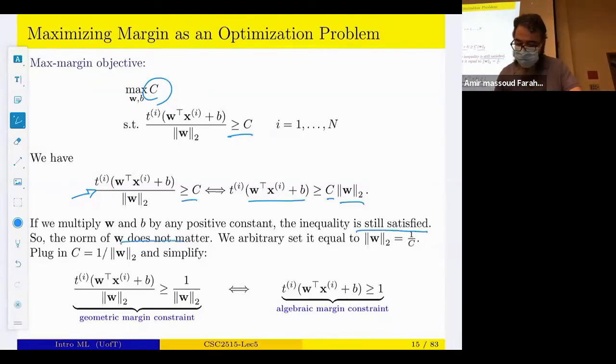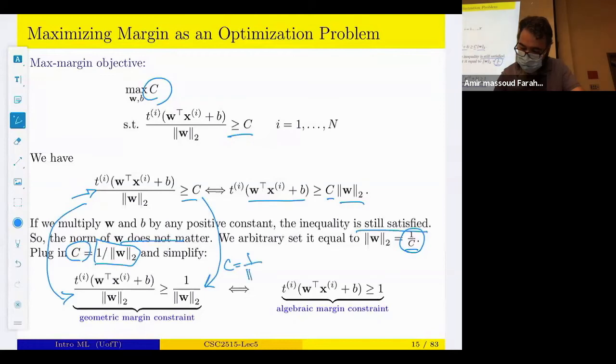So the norm of W does not matter, and we can arbitrarily set it equal to some number, including 1 over C. So we can choose the norm of W to be 1 over C, which equivalently means C is 1 over the norm of W.